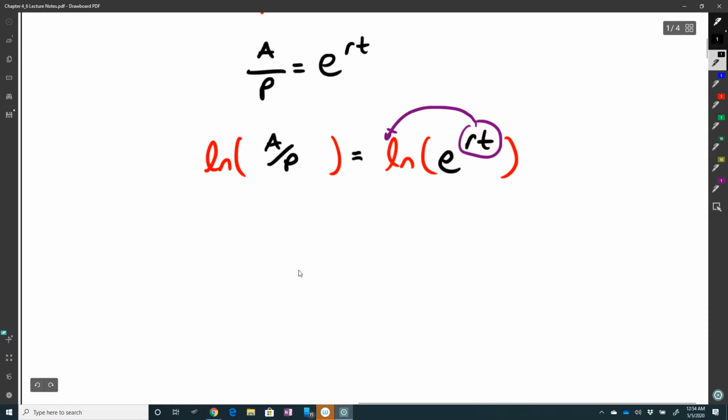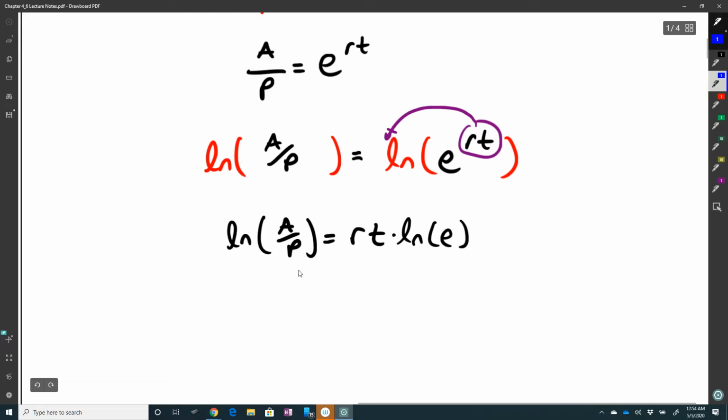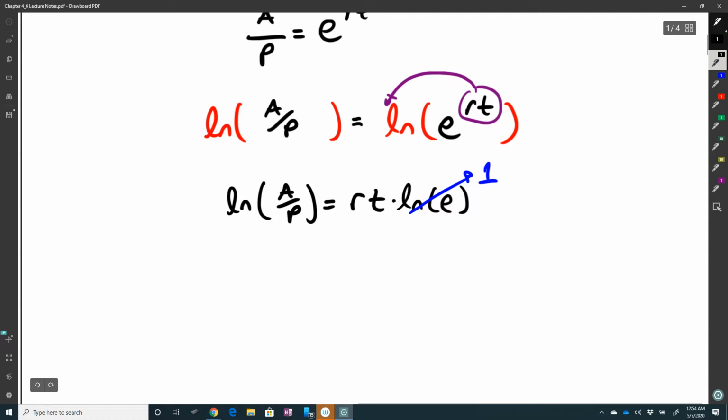The rt jumps to the front. So we have ln of a over p is equal to rt times ln of e. But ln of e is 1. So the answer becomes ln of a over p equals rt.